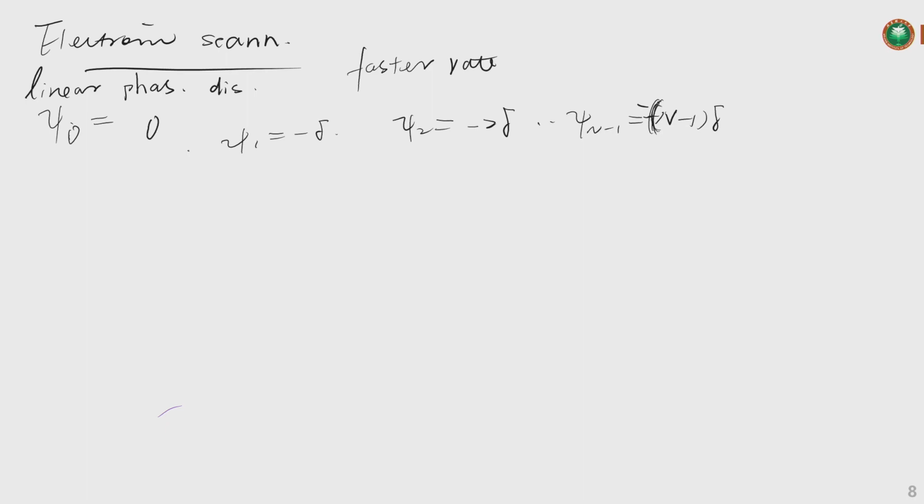So the phase of the array is psi I equals minus I times theta 0, right?